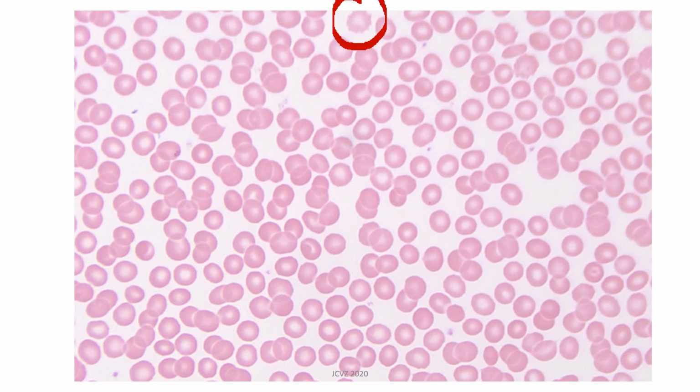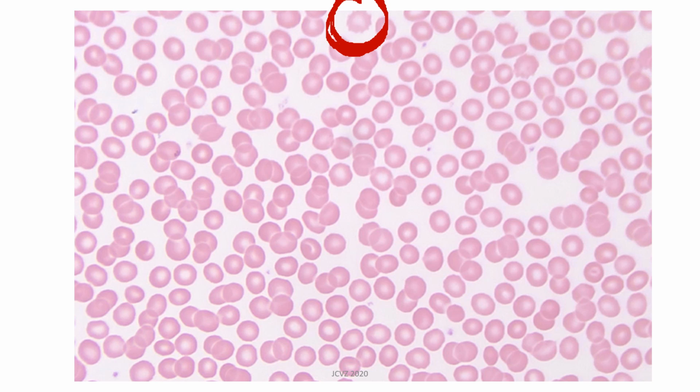This is a red blood cell. But if you take a closer look, the edges of this cell are not smooth. Although it has a central pallor, it's not smooth. If you zoom in on this picture, the borders of this red blood cell are actually spiculated, or it has thorns. So that is considered a poikilocyte.